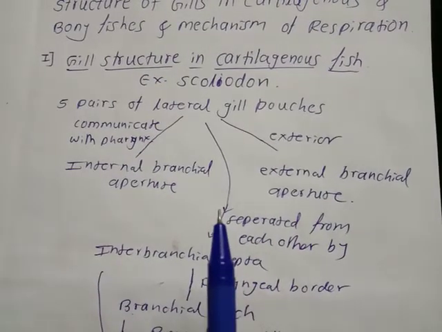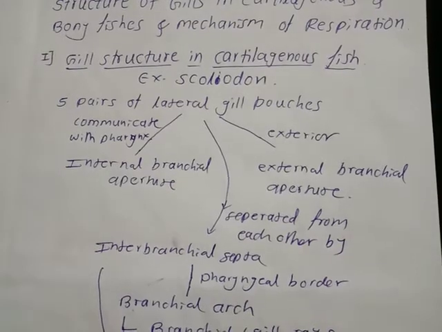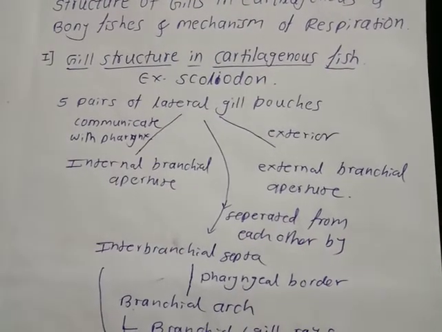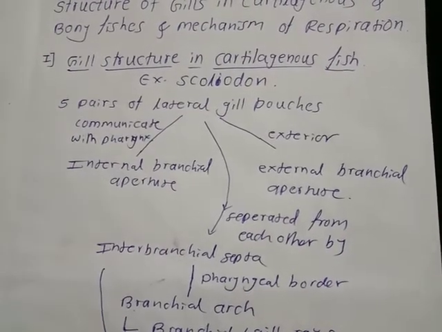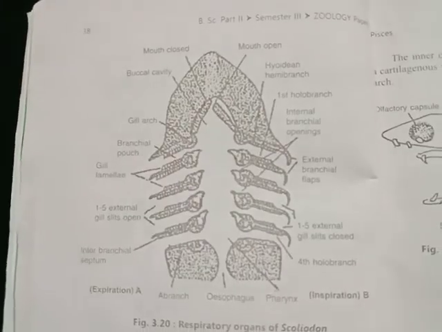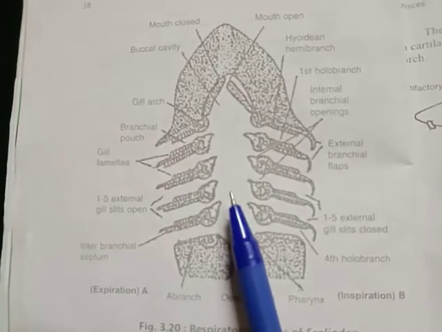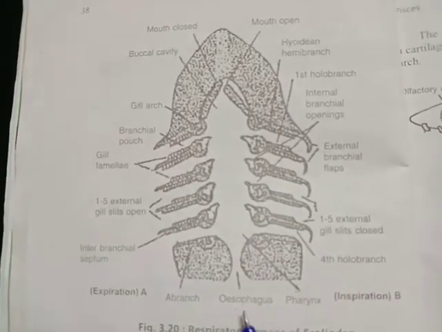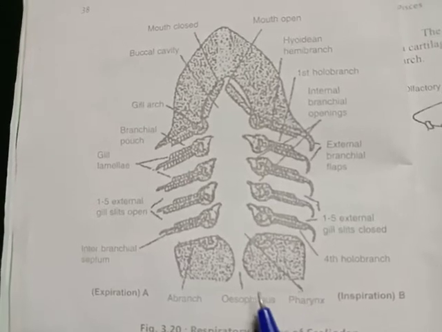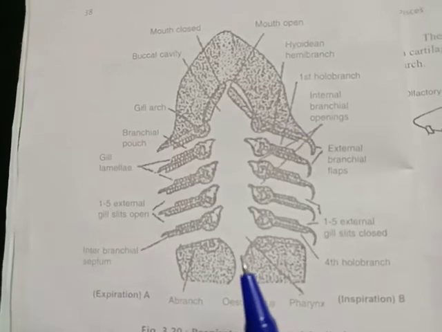The successive gill pouches are completely separated from each other by interbranchial septa or gill septa. You see the figure. This space is nothing but the esophagus and the internal one is the pharynx.